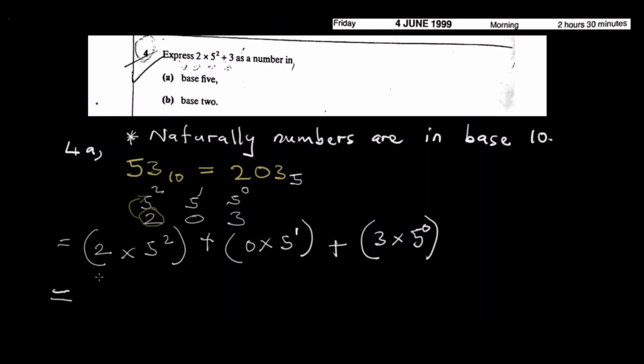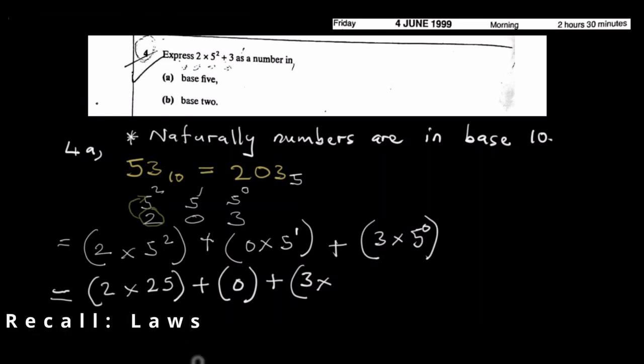So 2 times 5 squared: what is 5 squared? It's 5 times 5, which is 25, plus 0. Why? Any number multiplied by 0 is 0. So 0 times 5 to the power 1 retains 0, plus what is 3 times 5 to the power 0? Here you should also remember the law of indices, which tells us that any number raised to the power 0 is equal to 1.